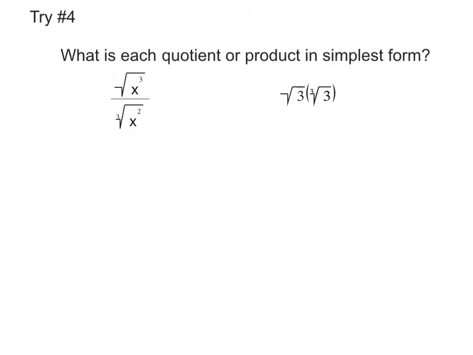So again, the first one, they cannot be simplified because they have different roots, but it's nice because we see our bases and they're the same, so we should be able to change them to exponential form to be able to simplify. So this will give us x to the 3/2 divided by x to the 2/3. Okay, so again, we will keep our base and we will subtract.